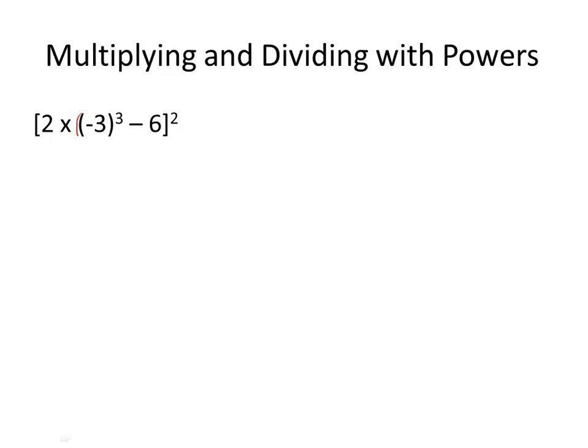This is going to look kind of like 2 times, and this part right here is almost equivalent to writing -3 times -3 times -3. It's -3 cubed, minus 6, and then on the outside is that one right there. So we're going to be dealing with this portion first.